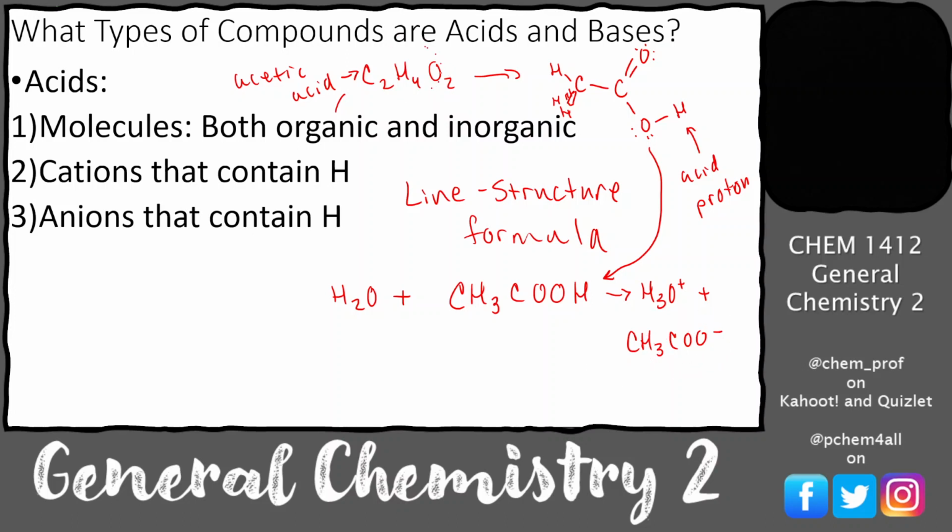This up here is just not very convenient. The acetate anion would be C2H3O2-, but again, it's just not very helpful. But this line structure formula is very helpful. And you can even write it without the subscript if you're being lazy: CH3COOH.